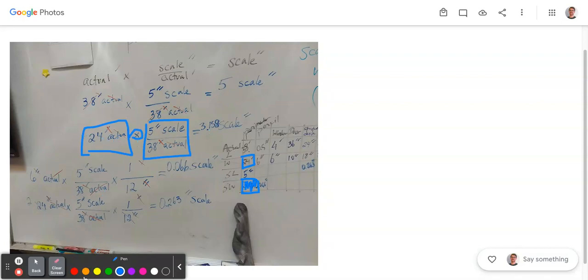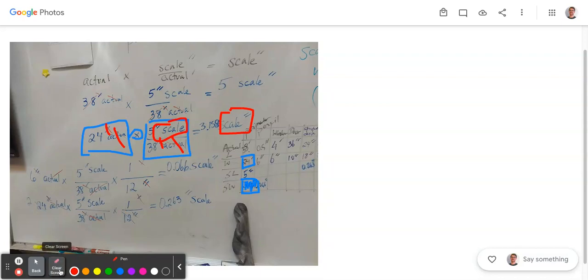Okay, what can we cancel? Well, we can cancel feet on the top and the bottom. We can cancel actual on the top and the bottom. And we're left with 24 times 5 scale inches divided by 38. That's going to be our answer. Our units that we have left are scale inches. So our answer is going to be in scale inches.